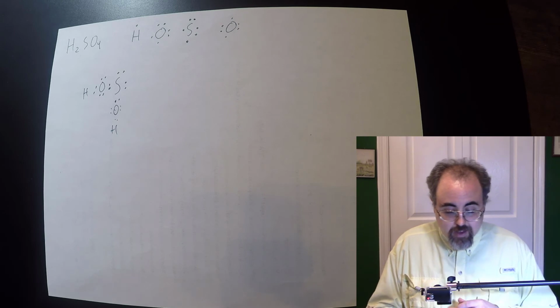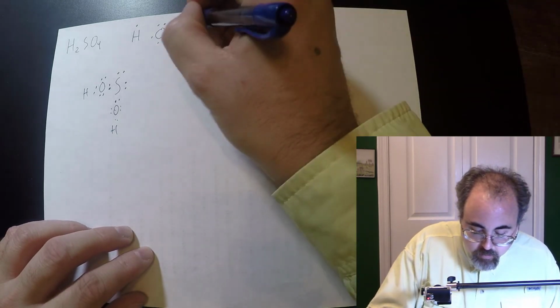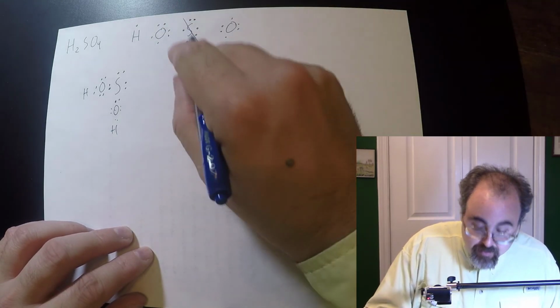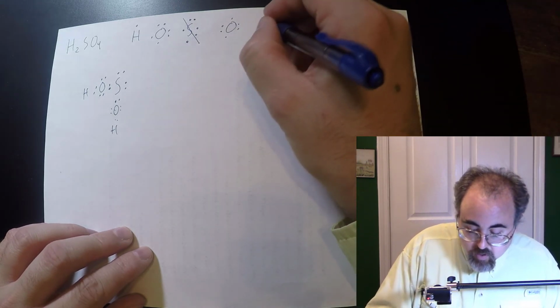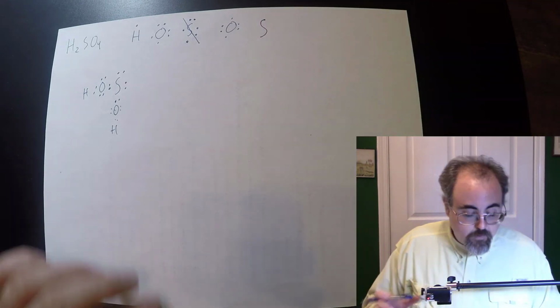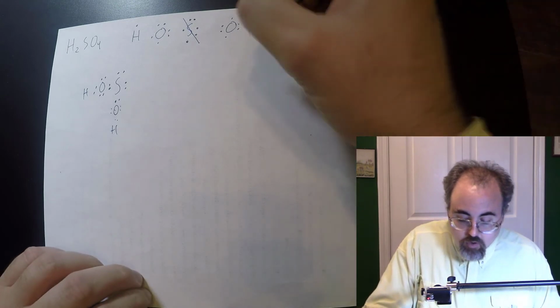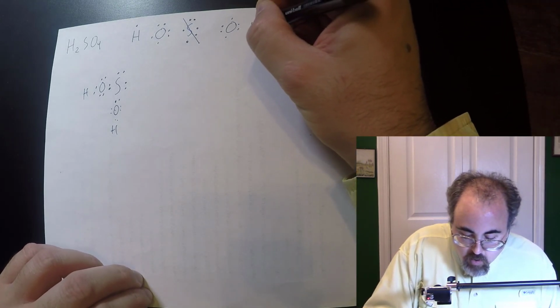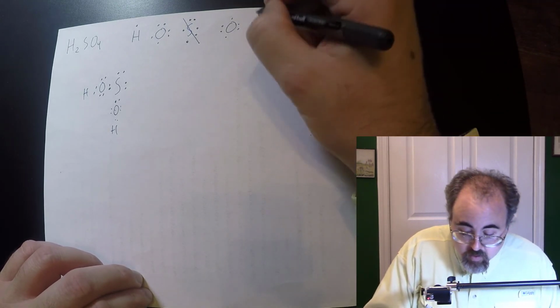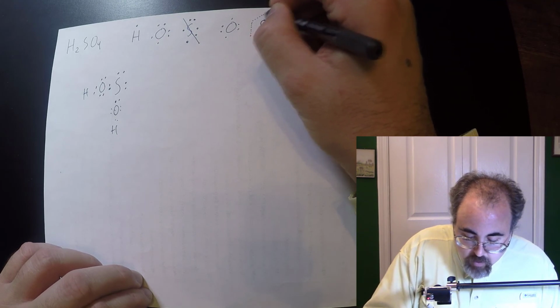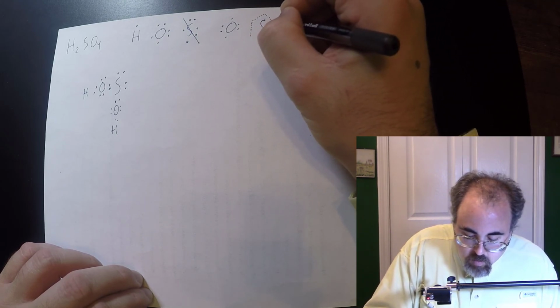So in this case, I'm going to redraw sulfur's Lewis symbol. This is not wrong, it's just not what it's using. So I'm going to take the sulfur, and then I am going to draw its Lewis symbol with two d orbitals incorporated. So it's no longer a square, it is now a hexagon.